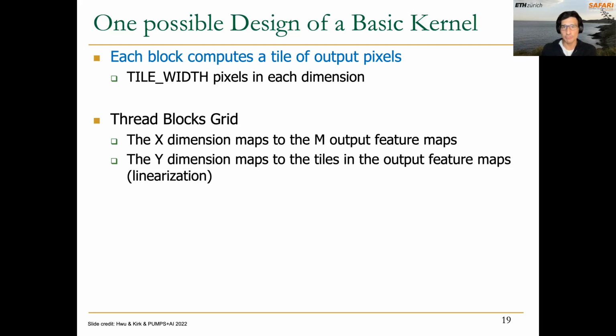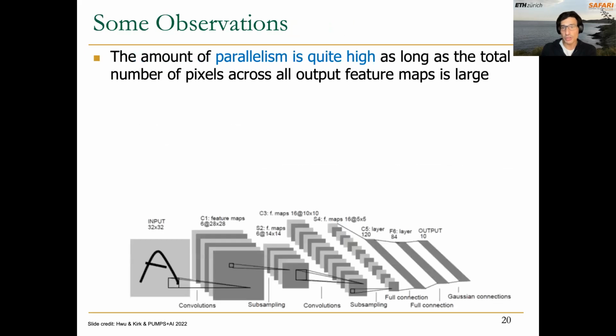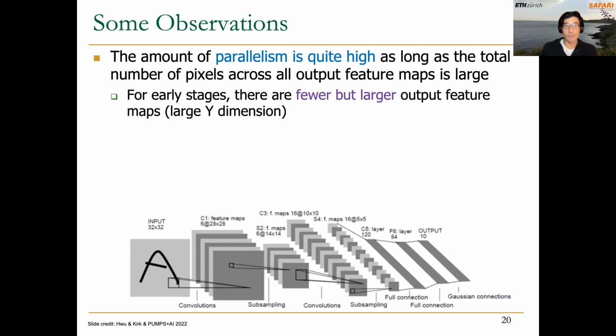Some observations about this potential implementation: the amount of parallelism is quite high, as long as the total number of pixels across all output feature maps is large. For early stages, there are fewer but larger output feature maps, so there is a large Y dimension. There are not so many output feature maps, but these output feature maps are larger.